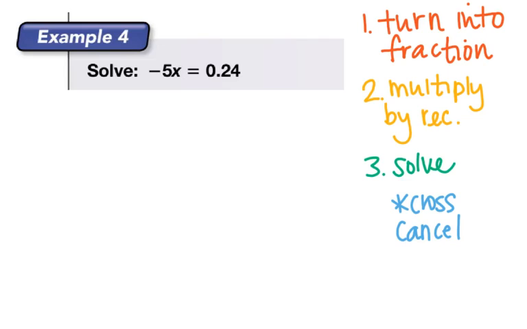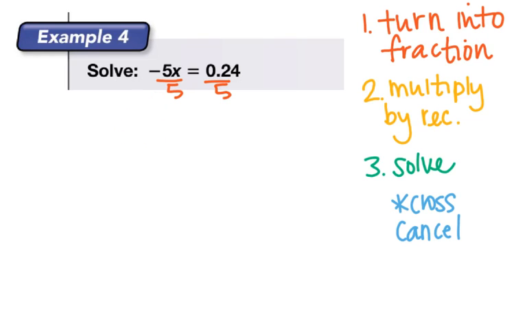Well, instead of multiplying by the reciprocal, I'm just going to divide by negative 5. Now I could multiply by a negative 1/5, or I could just divide by negative 5 on both sides. Either way, you're going to get to the same place.